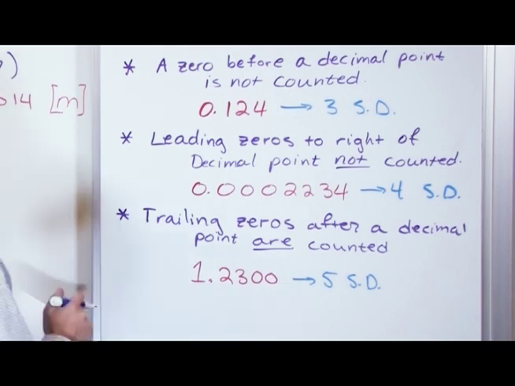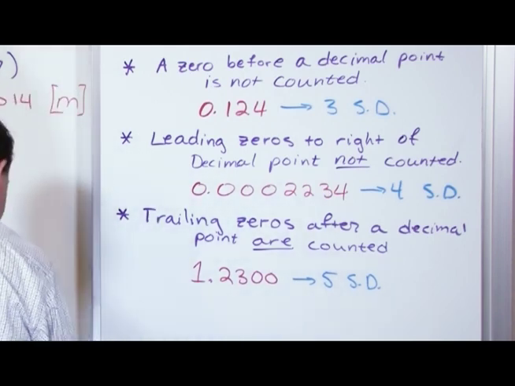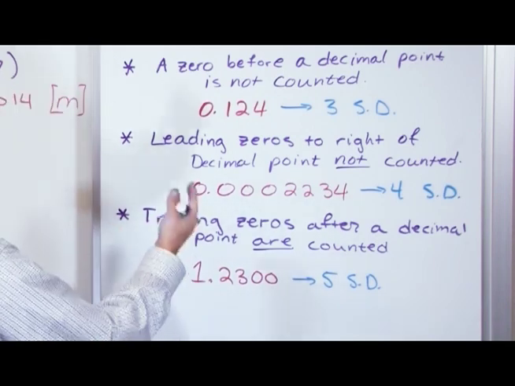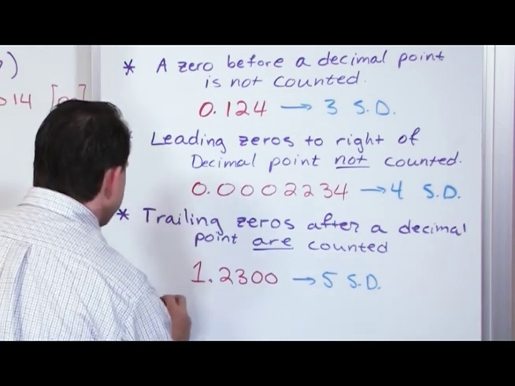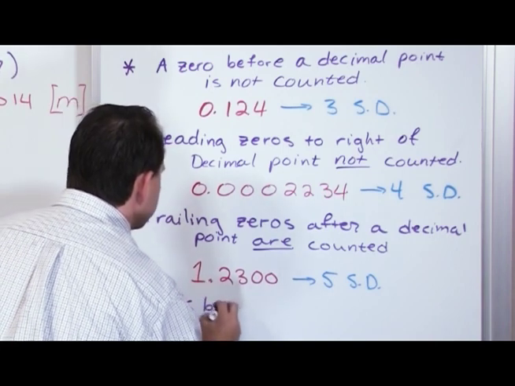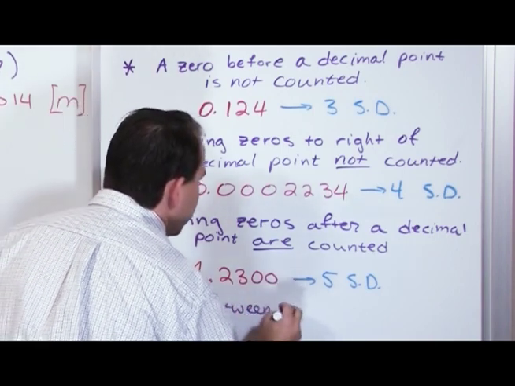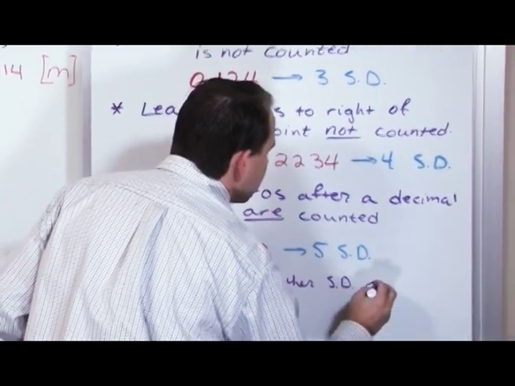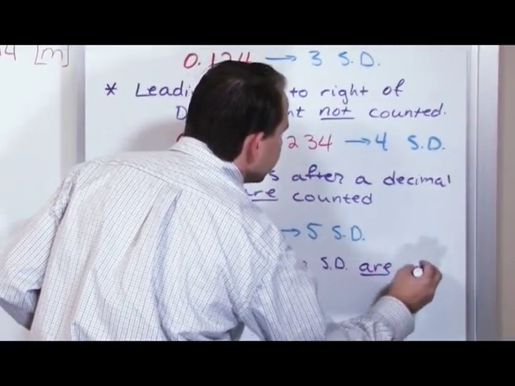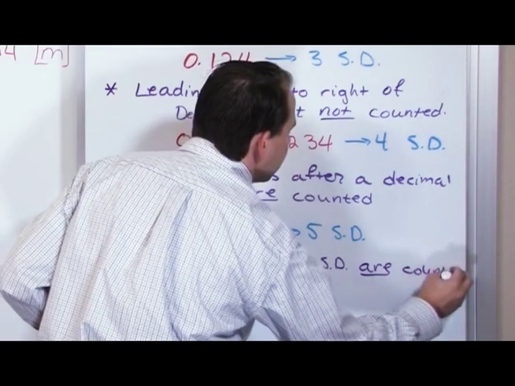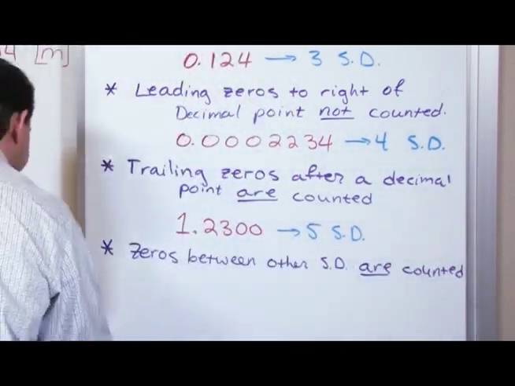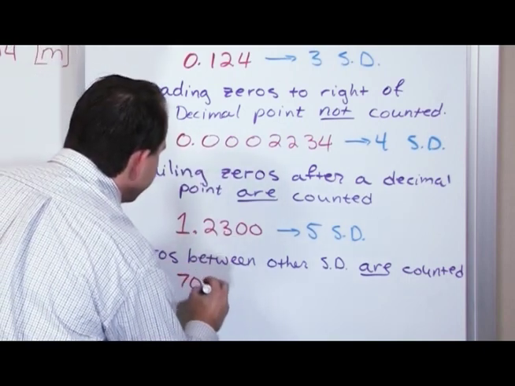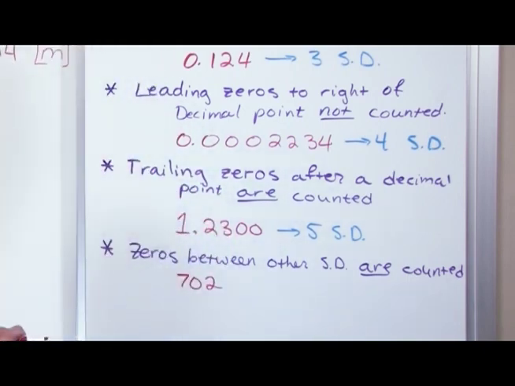And let me go ahead and tell you here, just to make it clear, since we're talking about zeros, zeros between other significant digits are counted. All right, let me give you an example of this. What about 702?